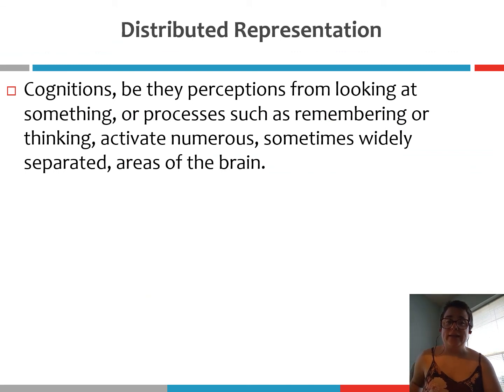So in my previous two videos, I talked about something called specialization of function or localization of function at both the level of individual neurons and brain structures.